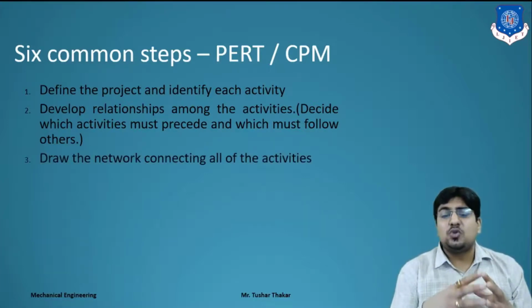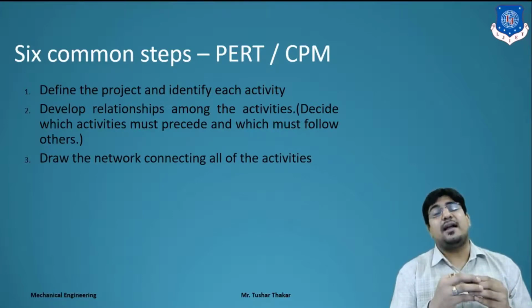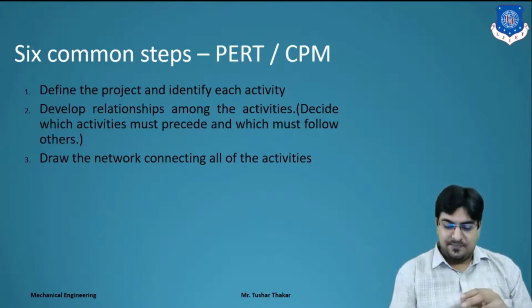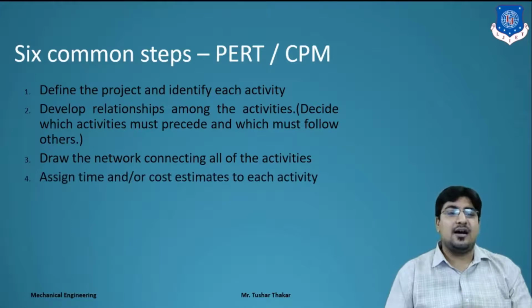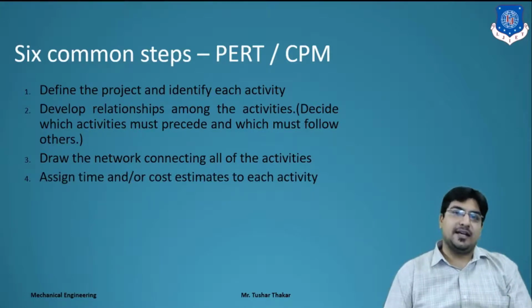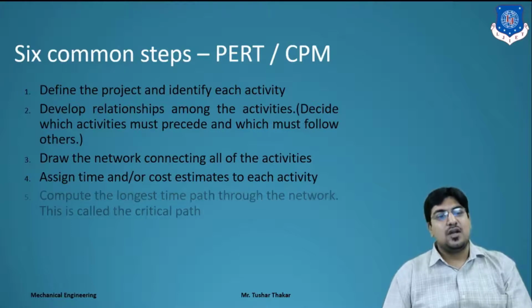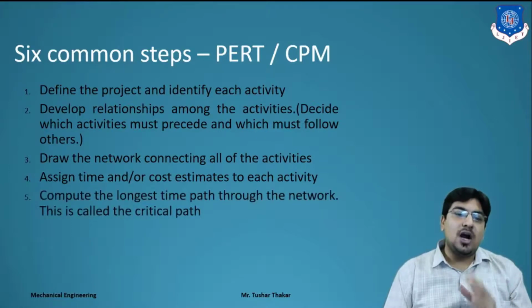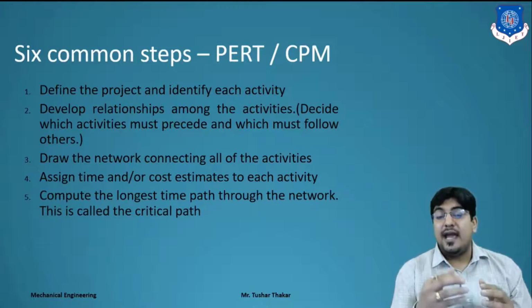Third is to draw a network diagram by connecting all the activities, right? Fourth is to assign a time or cost estimate to each activity in the network diagram. Fifth, compute the longest time path through the network, which is called the critical path.